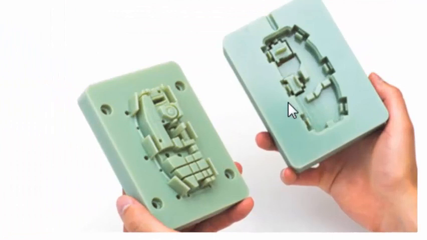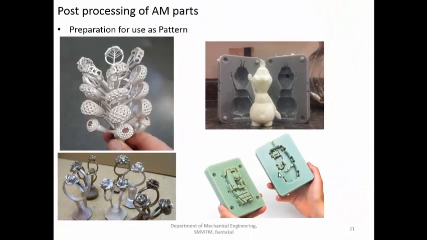It can be mainly used for creating plastic components, because if you use metal with such a die, it is going to burn away. Metallic dies are not very much preferred. For simple dies, or for prototyping purposes, you can use additive manufacturing, but mostly it is used for plastic components.